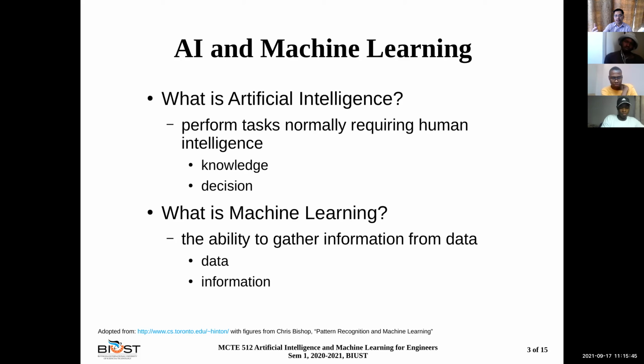We adapted them: we say that artificial intelligence is a system that tries to mimic what human intelligence is capable of doing. If a human brain can be creative, then that artificial intelligence machine should be able to be creative as well. It makes decisions, and it knows something.